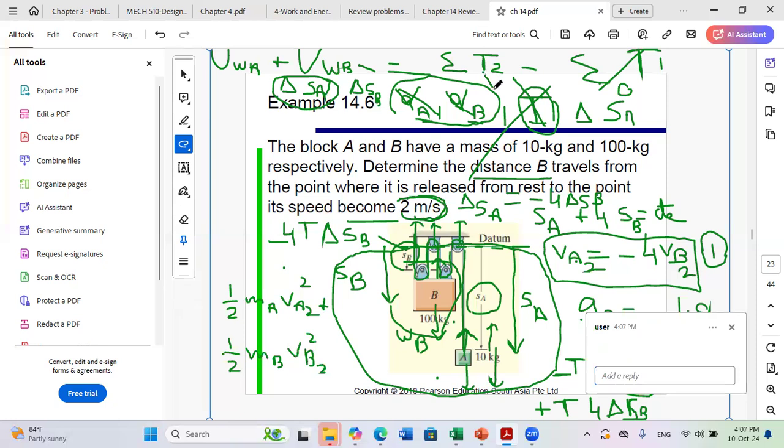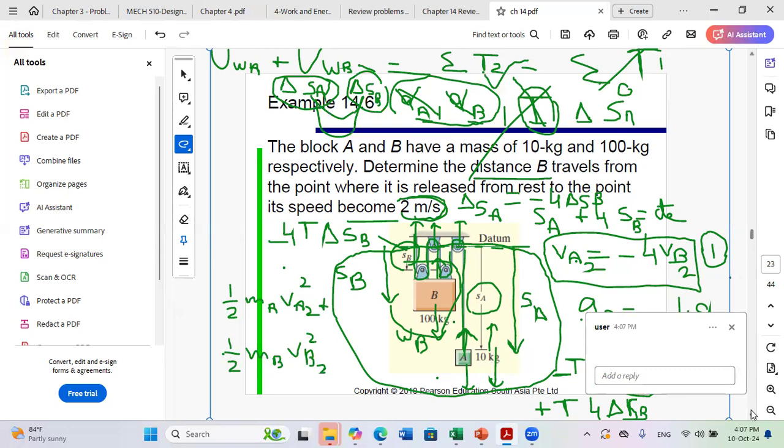We still have to compute the work of the weight of A and the work of the weight of B, in terms of, as we said, delta SA and delta SB, which are related. Since we are interested in the distance traveled by B, the only unknown will be delta SB, and we will replace delta SA in our equation by minus 4 delta SB. Let us look at the work of the weights.